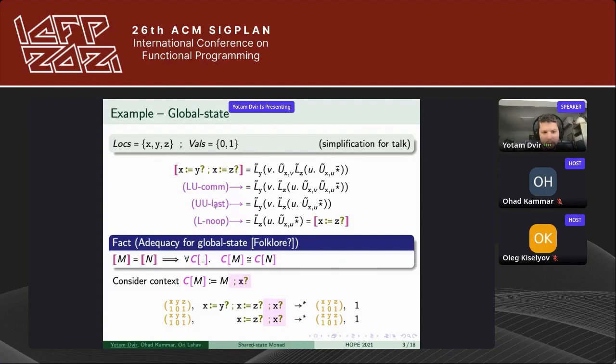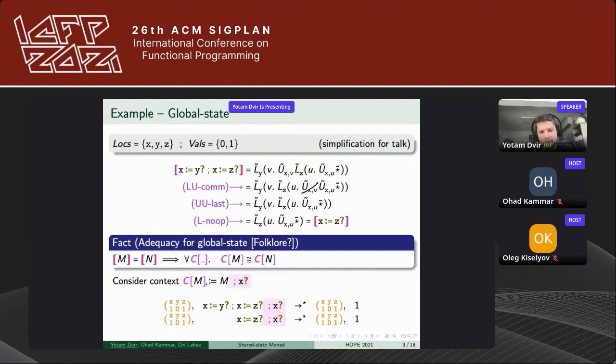One of these equations is the UU last equation that we saw before, which allows us to eliminate this update. And thanks to a known adequacy theorem for global state (if anyone knows what I should cite here, let me know later), we have adequacy for global state: if denotations are equal, then they have the same operational semantics in any context.